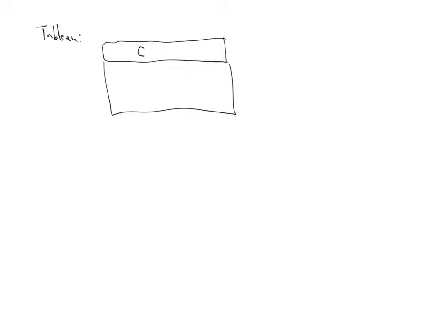Okay, so our tableau looks like this. Our tableau has the costs across the top, and it's got the coefficient matrix A, and it's got the right hand side. So our original setup here, let's see, I'm forgetting.